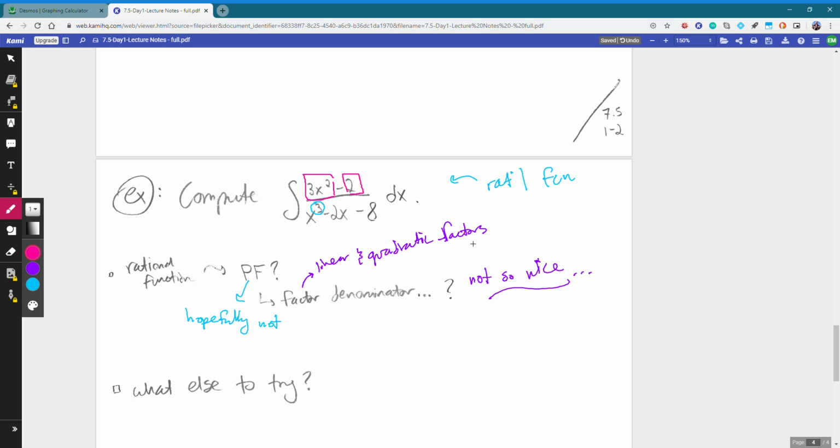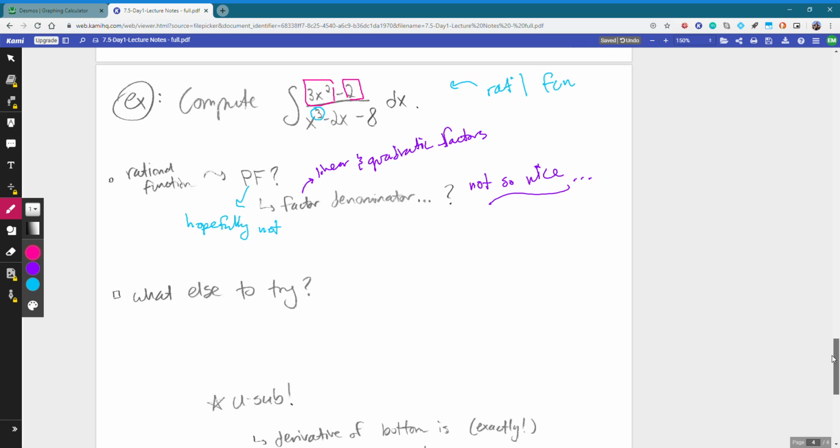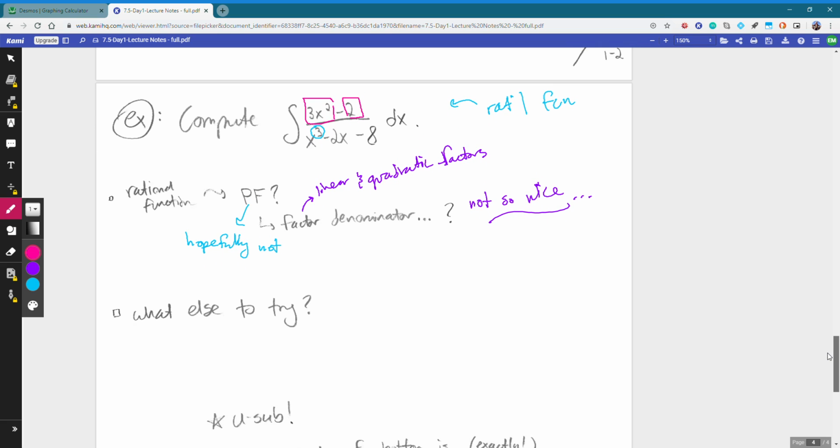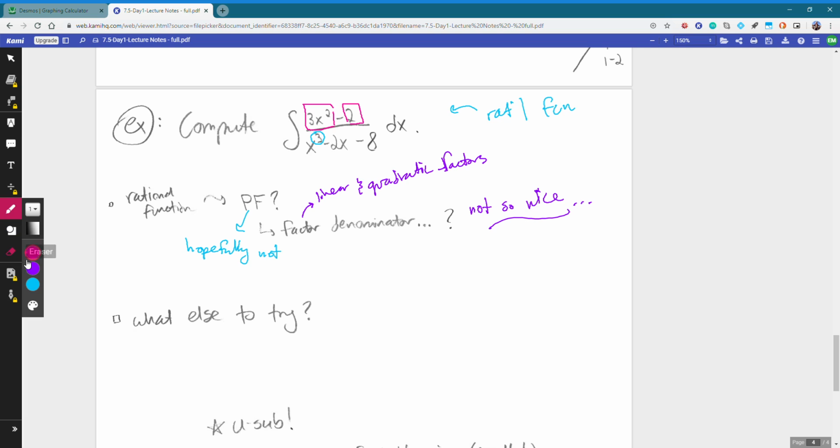And so really this integral is meant to help us remember that we still have our basics. We still haven't touched on u sub. And in fact, thinking about u sub, the only thing kind of real natural to think about is, what happens if we let the entire denominator be our u?